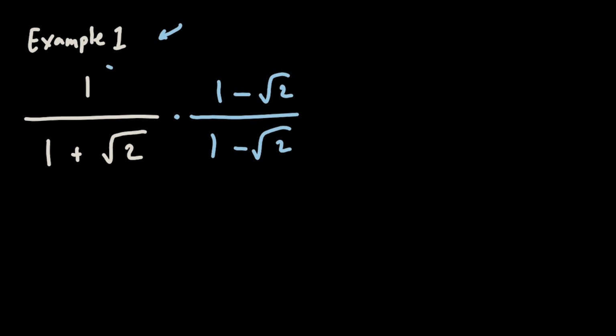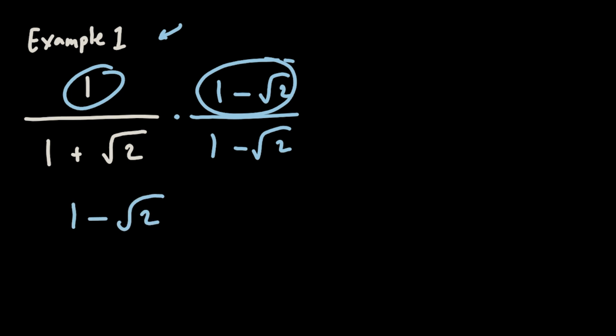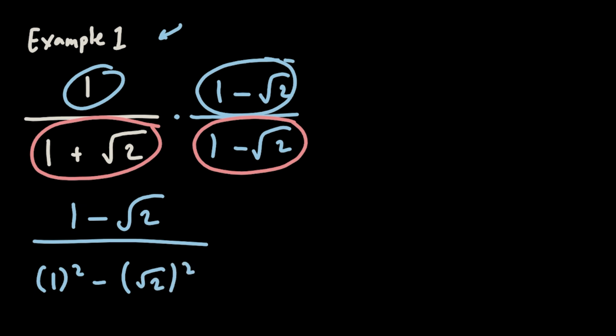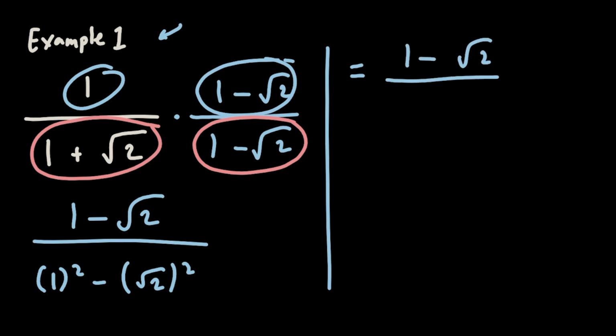So what will we have? We'll have 1 multiplied by 1 minus square root of 2, so it's nothing but 1 minus square root of 2, over, just notice here that when we multiply these, we'll get the difference of two squares. So we'll take the first term squared minus the second term squared. And that equals 1 minus the square root of 2, and here 1 to the power 2, which is 1, minus the square root of 2 to the power 2.